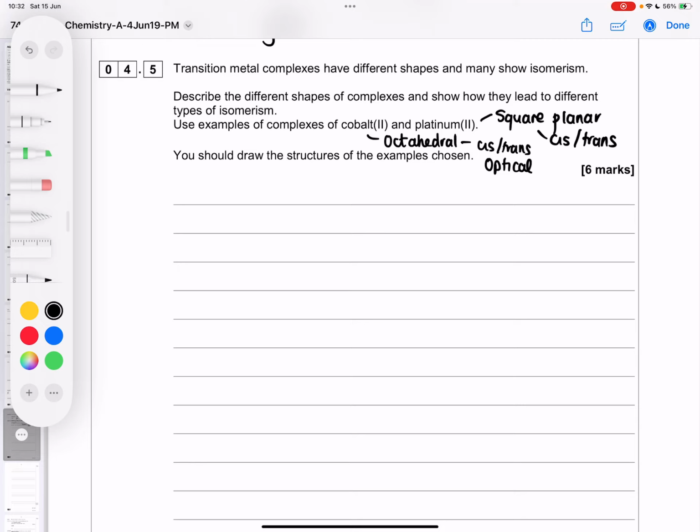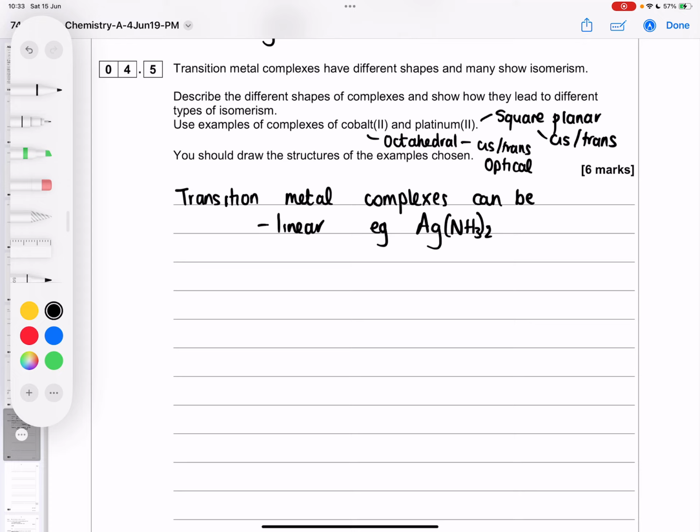So, transition metal complexes can be linear, e.g. that's our sort of Tollens reagent.